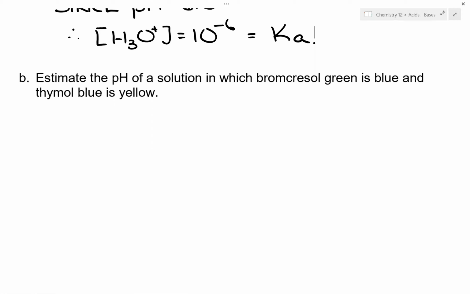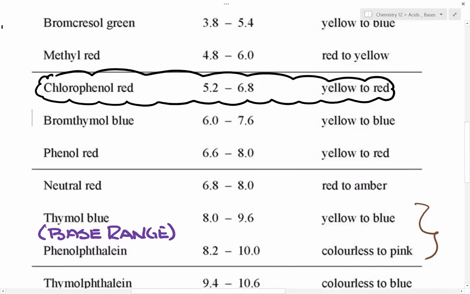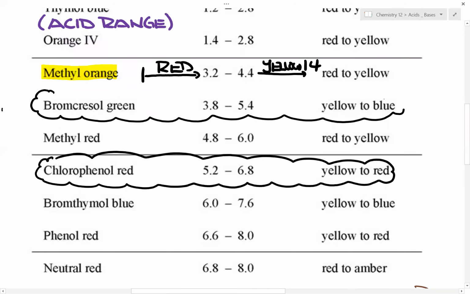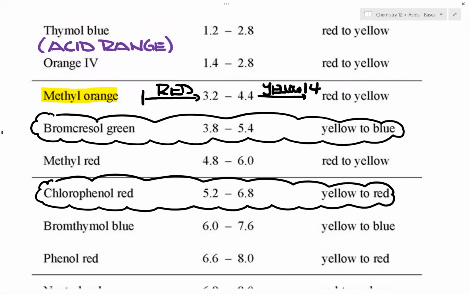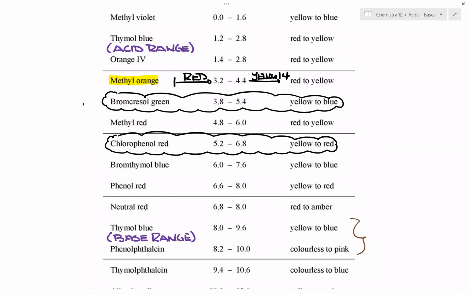Bromocresol green, notice 3.8 to 5.4. And we have thymol blue. There's two thymol blues, so we have to figure out which one we are talking about. Is it the one here or the one here?